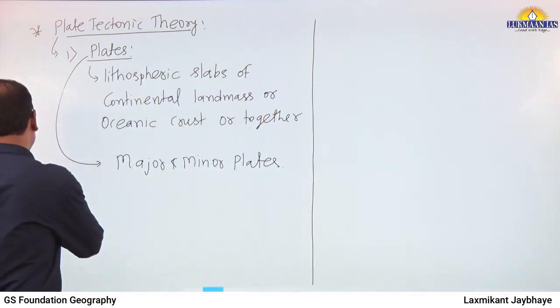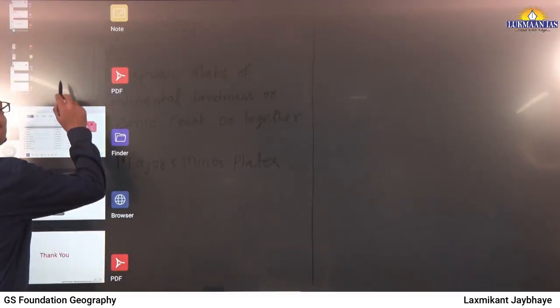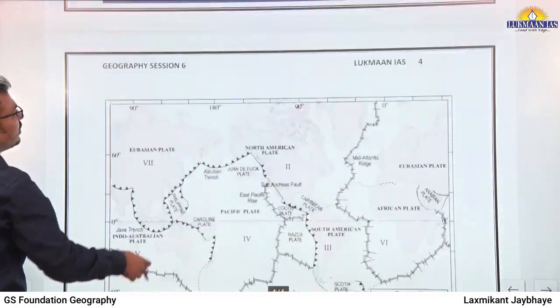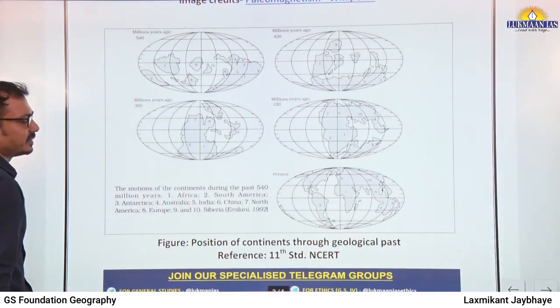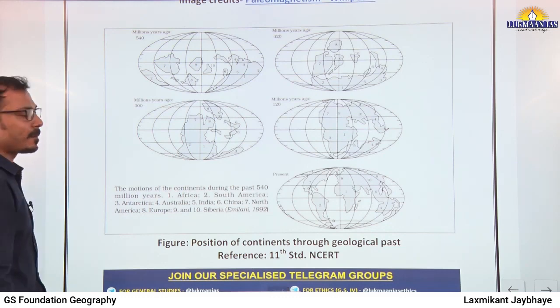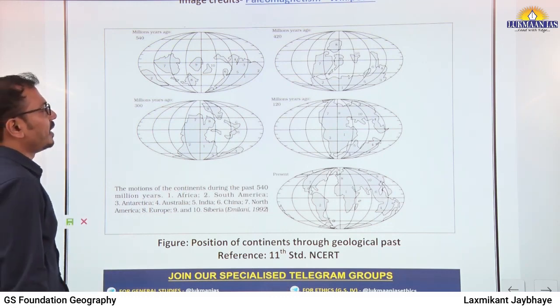It says that Pangea was there, and Pangea, or the united land masses, you can see here, again this is given in NCERT, explaining what happened in the past.